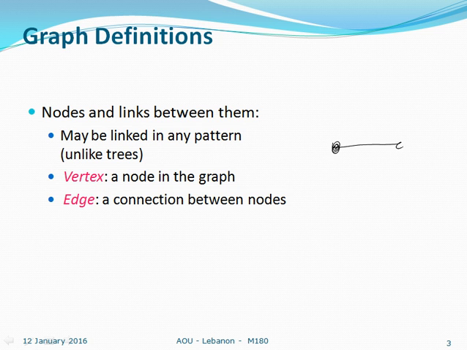For example, this can be considered as V1 and V2, two vertices, whereas the line which is connecting these two vertices is called an edge.